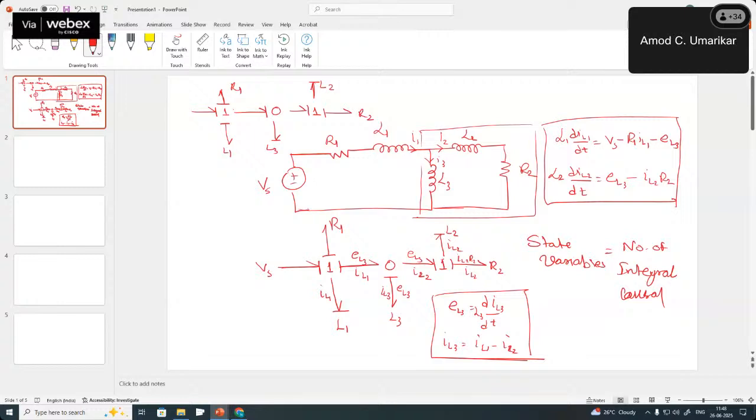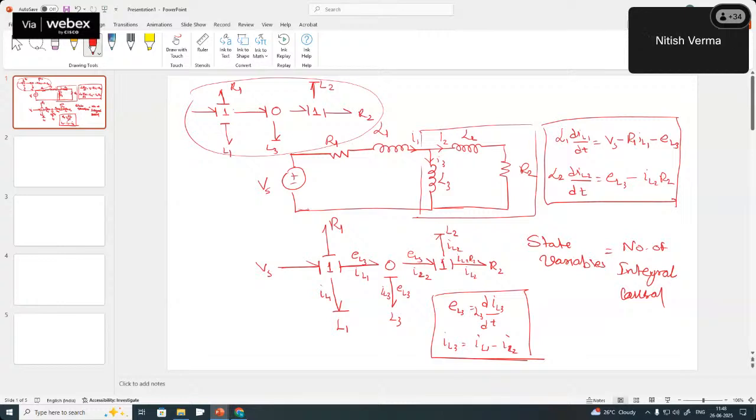R1 is in our hand, the resistor causality. Again, now the dependent variable is L1. That's right. So after seeing the bond graph, you can immediately get how many state variables there are. You can immediately make out.